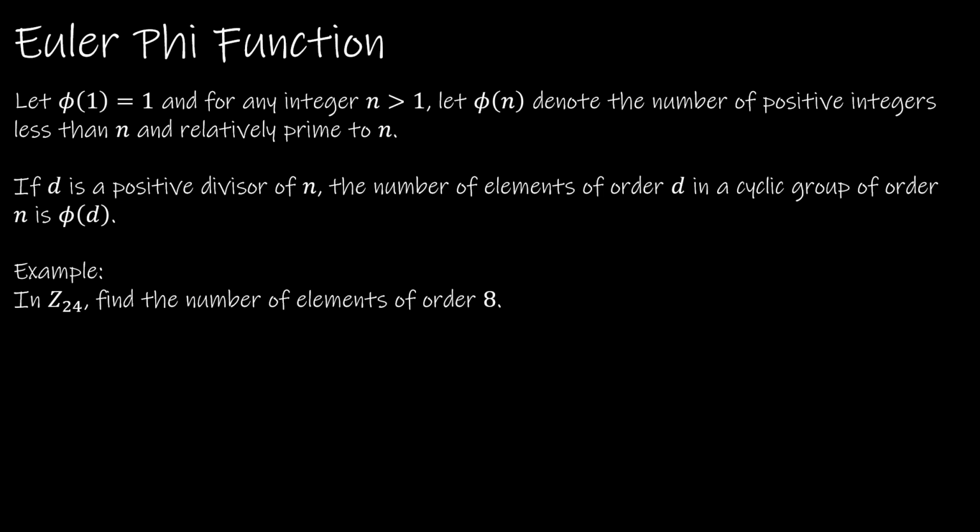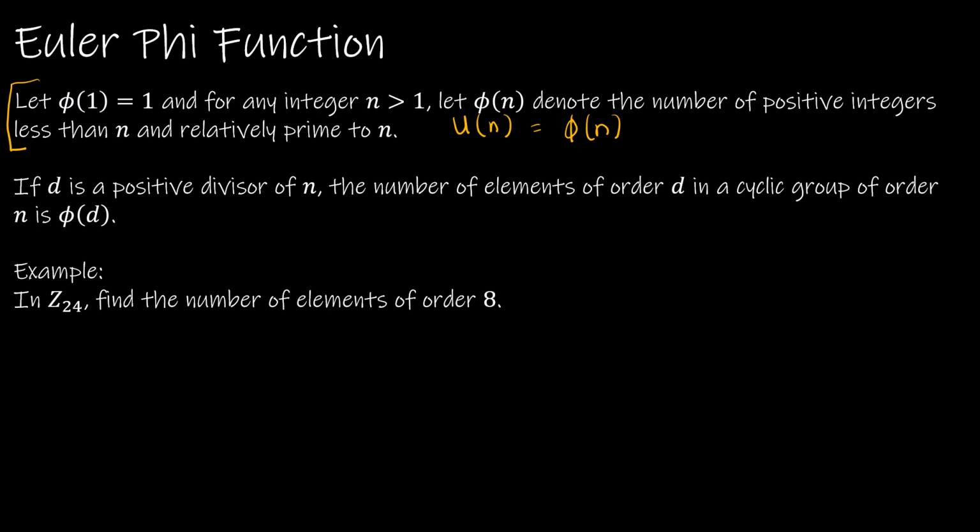Now let's take a look at the Euler Phi function. The Euler Phi function is just this first paragraph. Essentially it's saying that phi of 1 is going to be equal to 1, and then for any integer n greater than 1, phi of n is going to denote the number of positive integers less than n and relatively prime to n. So essentially, we're familiar with this already. We've been doing this with U of n since chapter 1. So U of n is the same as phi of n.